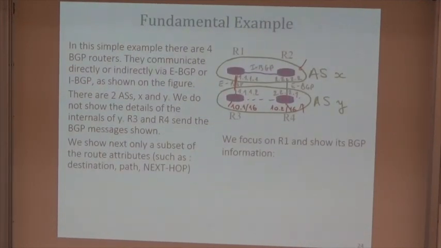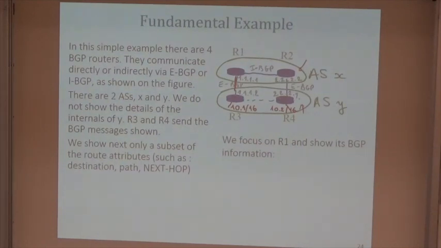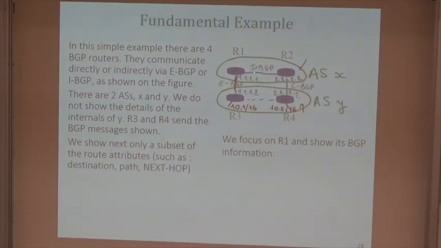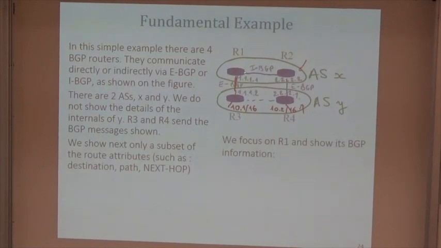So here is what I call the fundamental example, which is a very simple animation showing all the cascade of events that explains how BGP works. So I'm assuming I have two domains, AS X and Y, and 4 BGP routers. And inside this domain here, I don't know what there is exactly.